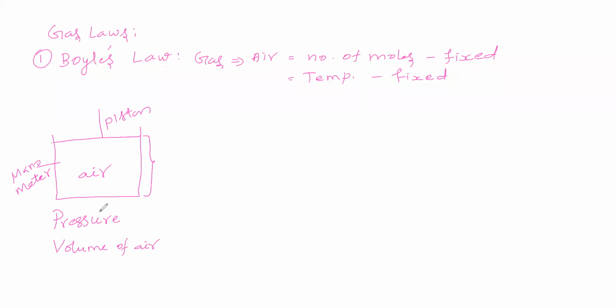So he took air in the vessel, put a piston, and connected the air to a manometer. The manometer gives the pressure exerted by this air, and the volume of air is also measured.